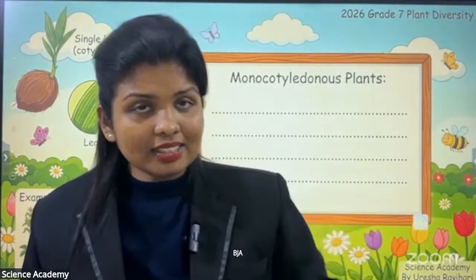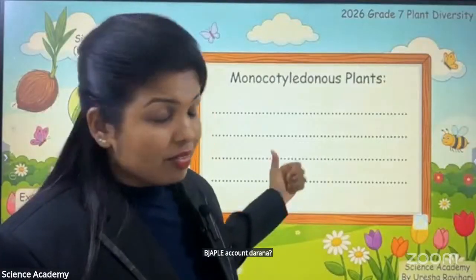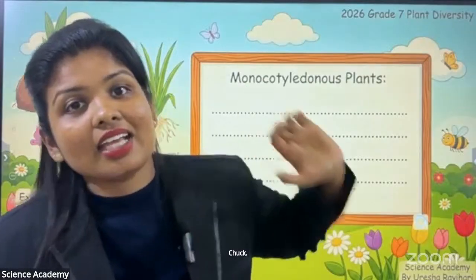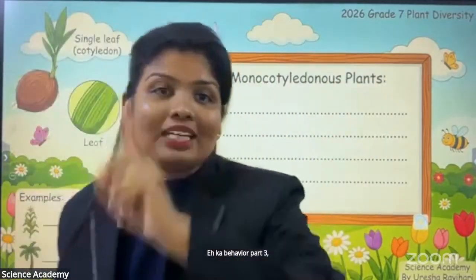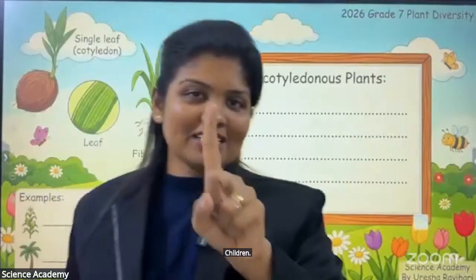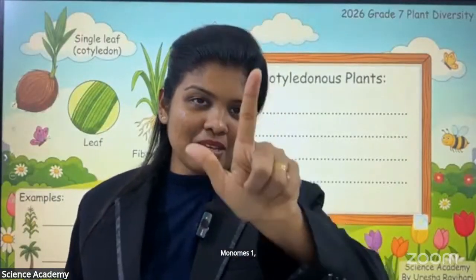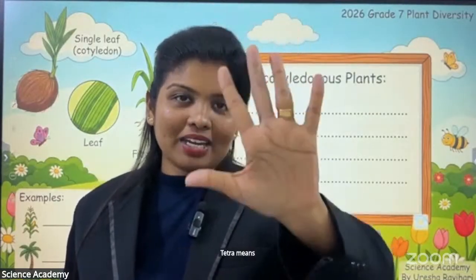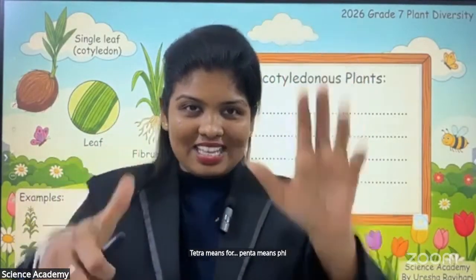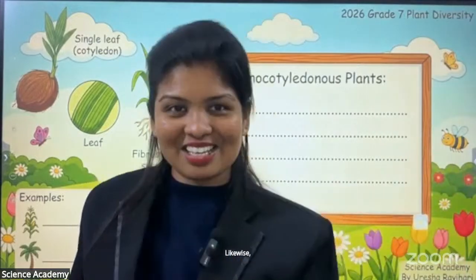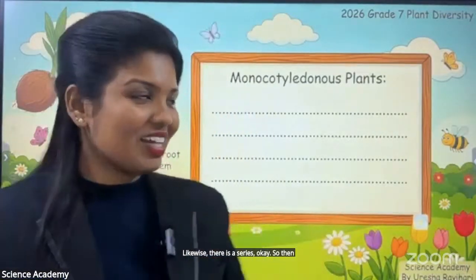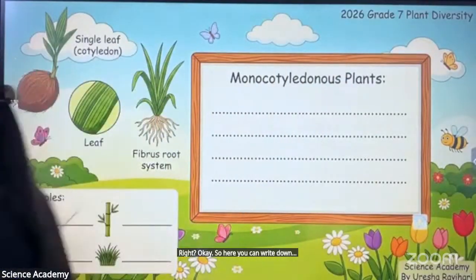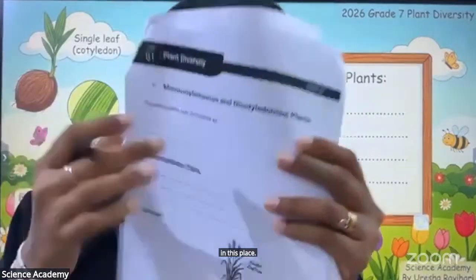Children, mono means 1, di means 2, tri means 3, tetra means 4, penta means 5, hexa means 6. Likewise, there is a series. So mono means 1. Here you can write down monocotyledonous plants.